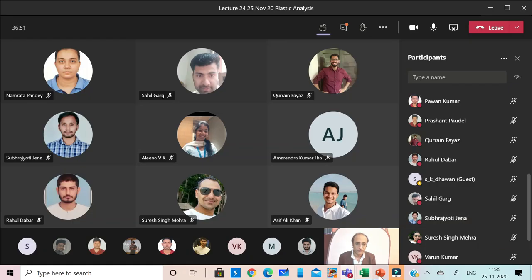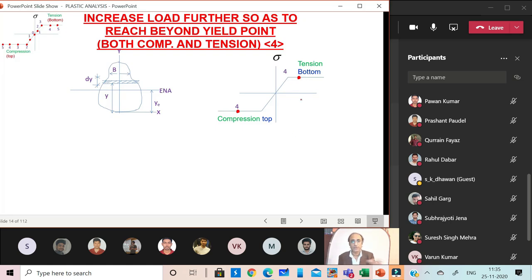So now both at the top and bottom, we are beyond the yield point. And of course now if we see, the compression side as compared to the tension side has drifted further away from the yield point, because of the nature of the section, that the beam section is such that it has more area towards the bottom.